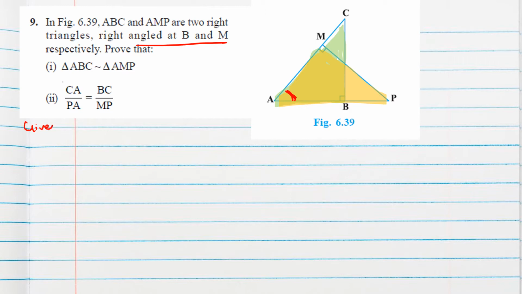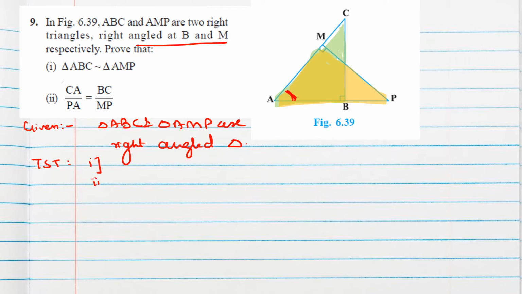Given: triangle ABC and AMP are right angled. Okay, to show that, first and second will come here.